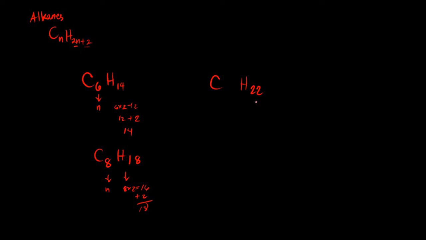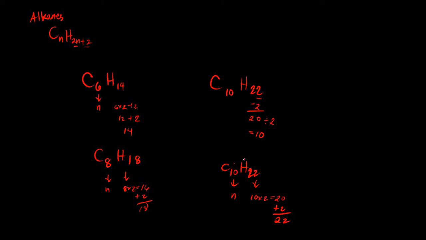What we do is just subtract the 2 first. So 22 minus 2 is 20. And 20 divided by 2 is 10. So that means it's 10. If we go back, C10H, right? Your n is 10. So 10 times 2 is 20, plus 2 is 22.